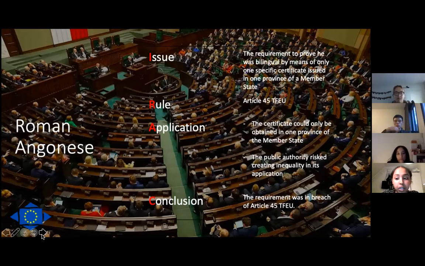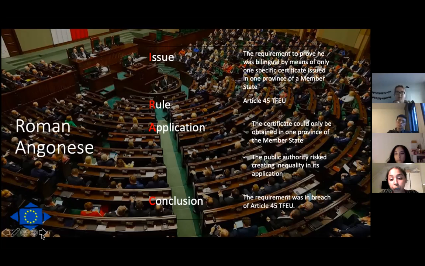At the time, the population was German-speaking, and the province largely still is. So the bank was looking for an employee who could speak both Italian and German. The applicant had to prove that he or she was bilingual by submitting a certificate of bilingualism issued by the local authorities. Mr. Angonese argued that the requirement to prove he was bilingual by means of only one specific certificate issued in one province of a member state was in breach of Article 45 TFEU.